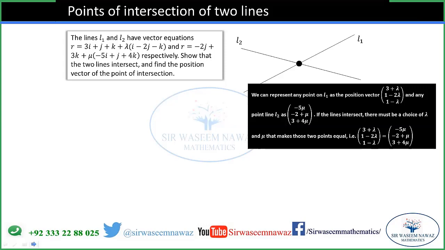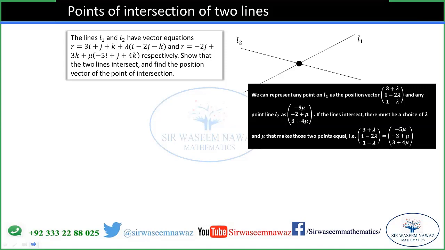The second thing we have done is that we learned about the scalar product, and we use the scalar product to find the angle between two straight lines.